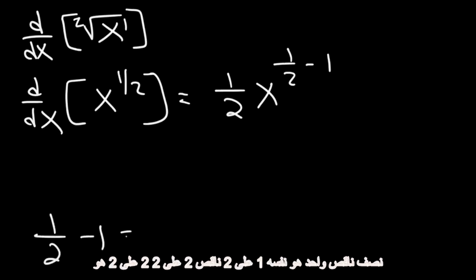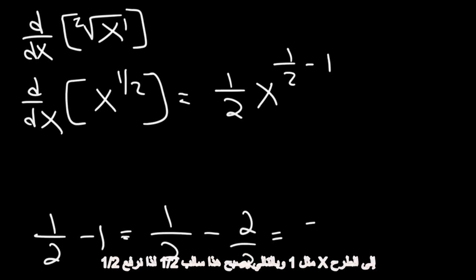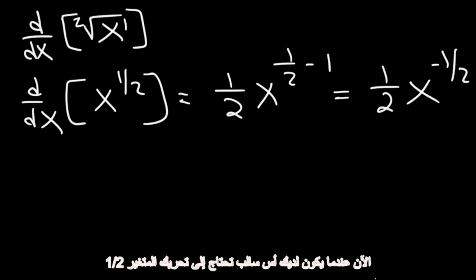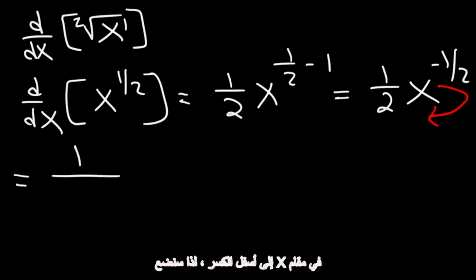1/2 minus 1 is the same as 1 over 2 minus 2 over 2. 2 divided by 2 is the same as 1. And so this becomes negative 1/2. So we get 1/2 x raised to the minus 1/2. Now, whenever you have a negative exponent, you need to move the variable to the bottom of the fraction.